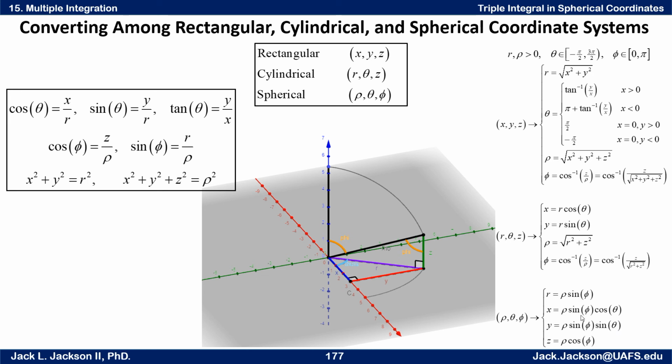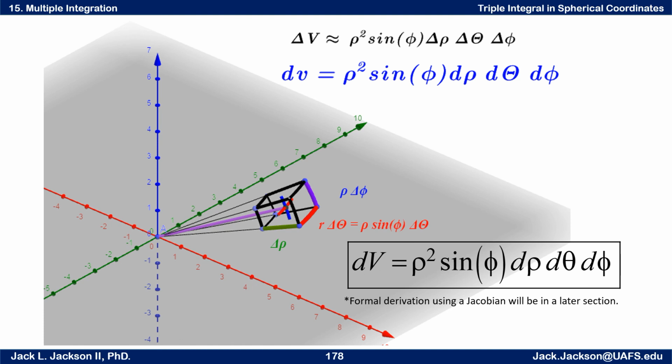Y is r sine of theta, so it's just rho sine of phi times sine of theta. And from this one here, we see that z is rho cosine of phi, and so we can see that expression there. So we can see how to convert coordinates from these different coordinate systems. We've kind of looked at this before. That was a little bit of a review.